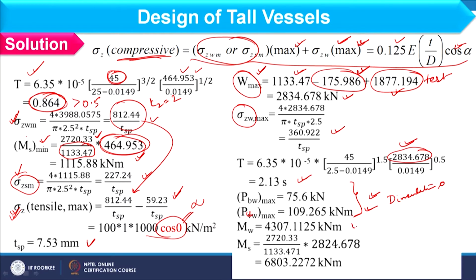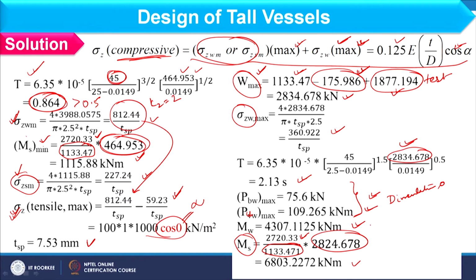Next is bending moment due to this, that you can calculate, and further we will calculate the bending moment due to seismic condition. So, this we have already calculated in the last lecture. It will be divided by the load which we have considered and multiplied by the maximum load which we have considered now. Okay. So, MS should come out as 6803.2272. Okay.